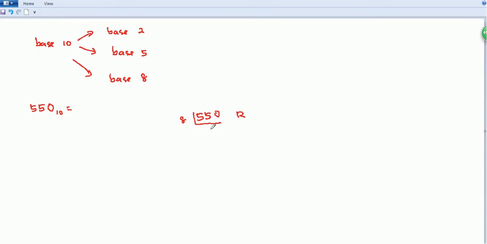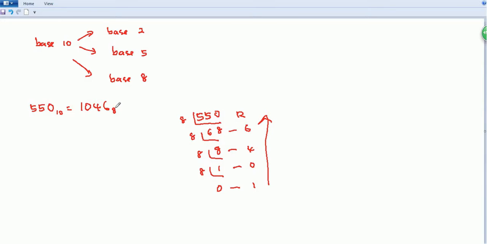Okay, remainder is 6, remainder is 4, 0, 0. Then you can stop. So the answer is 1046 base 8.